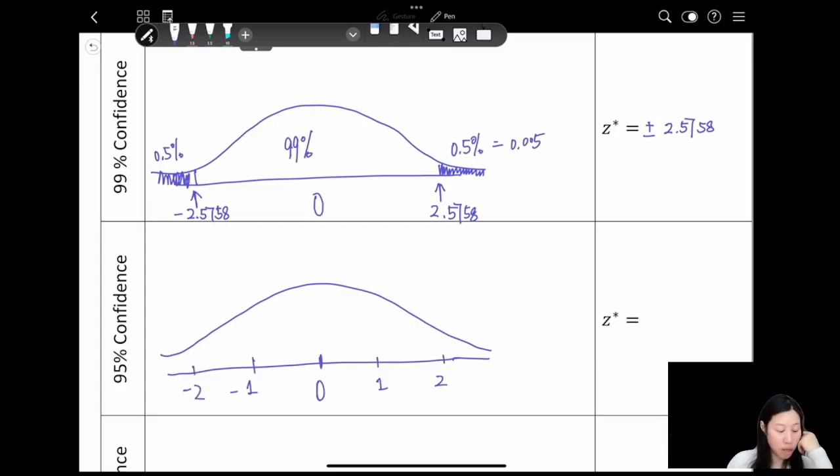So again, we want the middle part to be what? 95%. So that means the sum of these two tails is going to be 5% because they're symmetric. So you divide it by 2, and each tail is going to be 2.5%. And now we're trying to find the cutoff value.